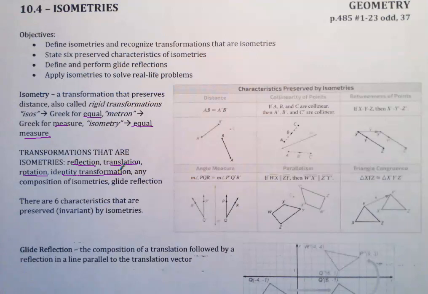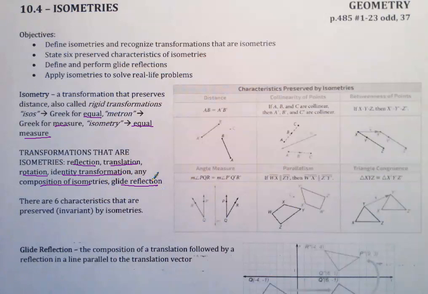So it could have been a 270 and a 90, or an 180 and another 180. That goes to any composition of isometries. You could do 3 or 4 of them, and you're still going to maintain that same shape. And the new one we're talking about today is the glide reflection.